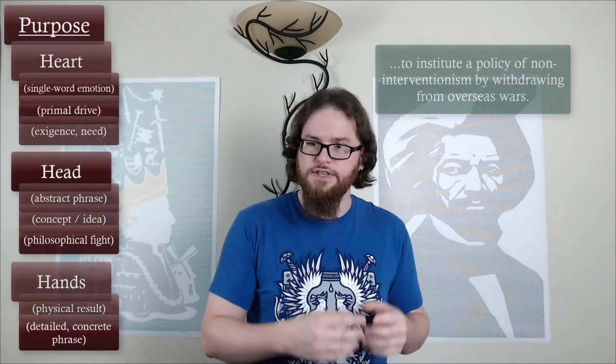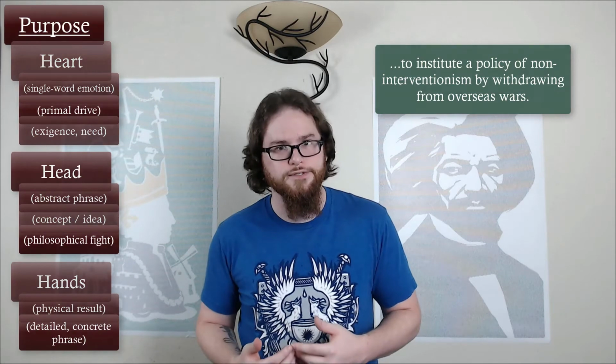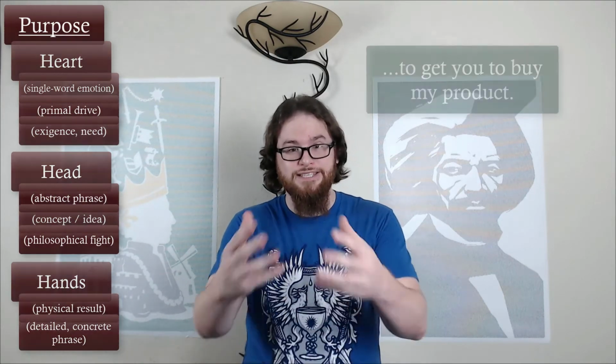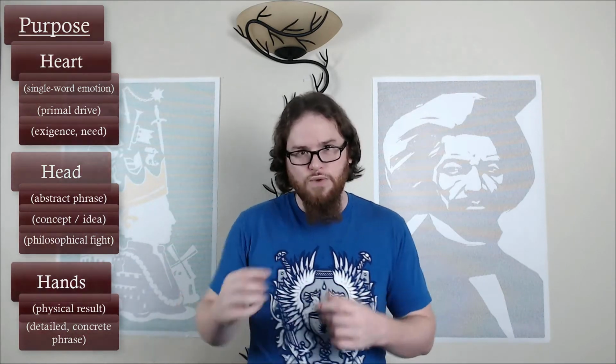Or to institute a policy of non-interventionism by withdrawing from overseas wars. Or maybe a little bit simpler, to get you to buy my product. If you can wrap your mind around each of those three aspects of an author's purpose, you're well on your way to truly understanding the piece that you're reading.